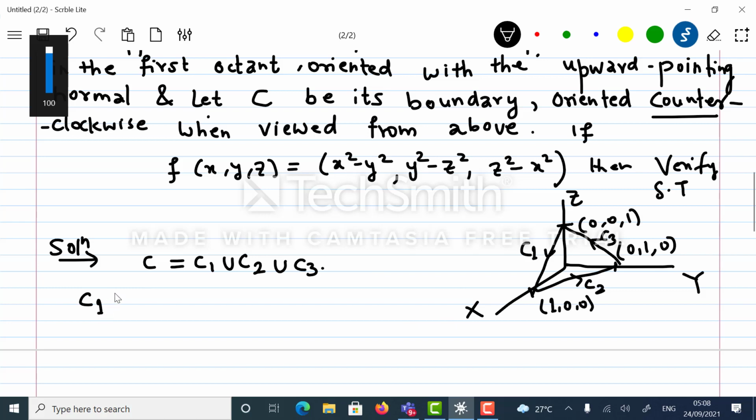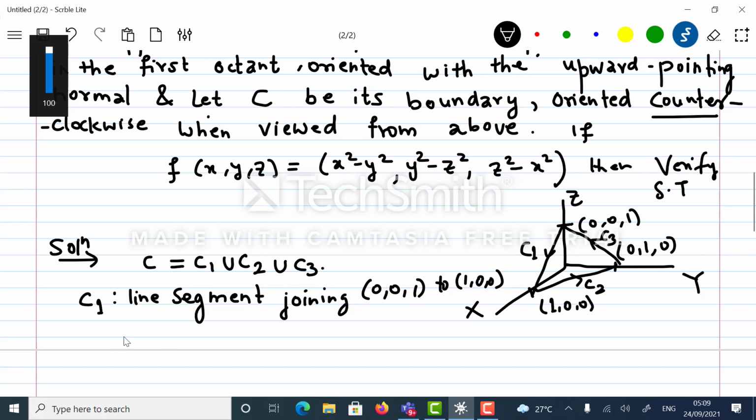C1 is the line segment joining 0, 0, 1 to 1, 0, 0.